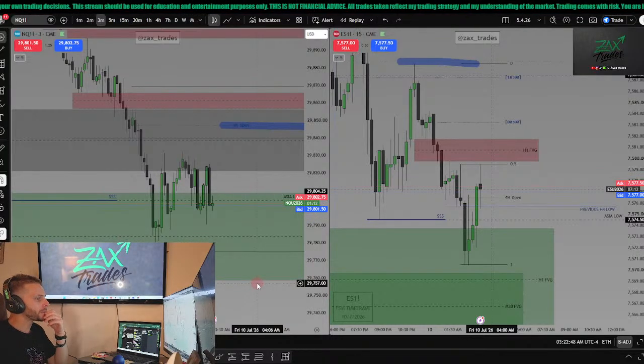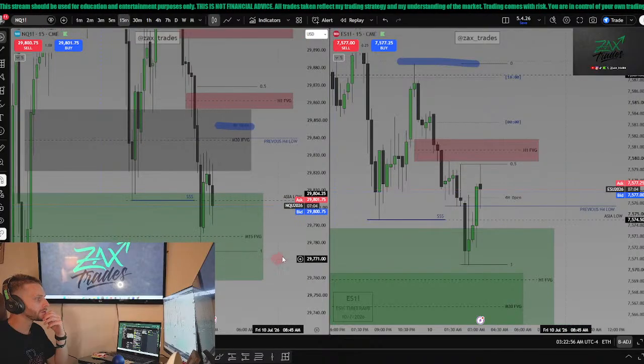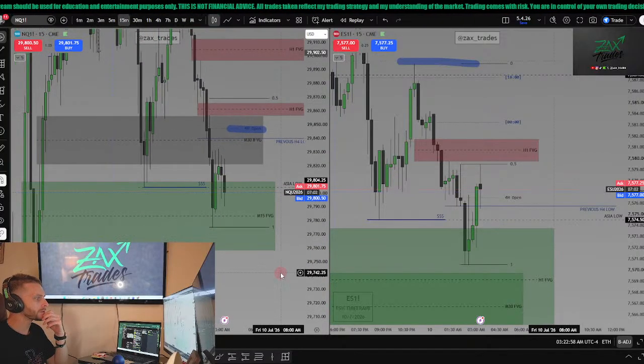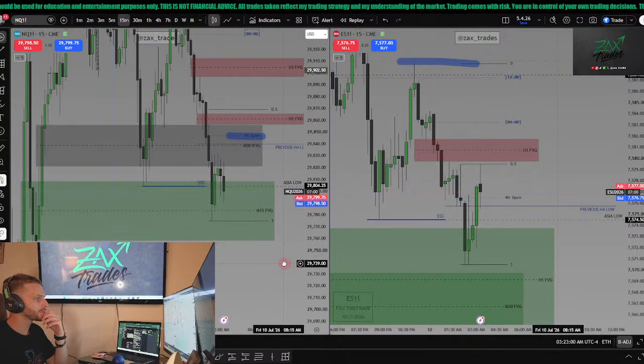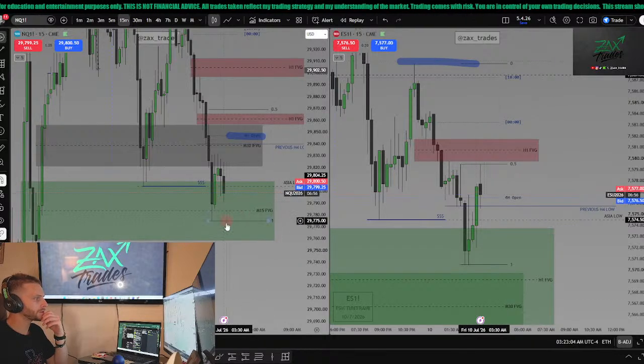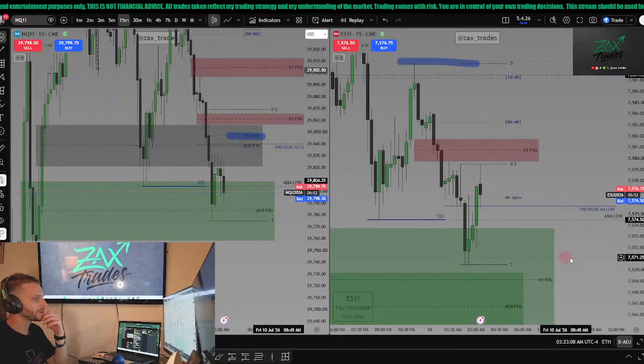ES is really lagging behind here. That 15 isn't flipping yet. Still got 7 minutes on it, but I think this 15 is going to tell us a story one way or another.